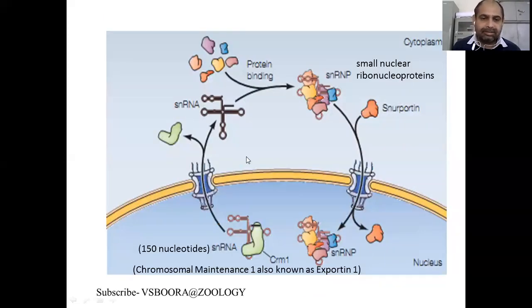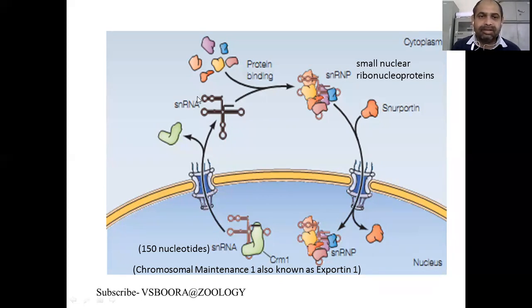This is the export of small nuclear RNA molecules, which have a 150 nucleotide sequence. It is recognized by CRM1, the chromosomal maintenance 1, known as exportin 1, which recognizes the small nuclear RNA molecules, and it is exported into the cytoplasm.